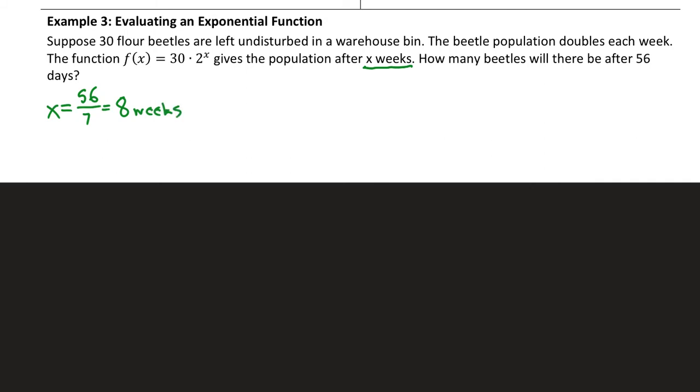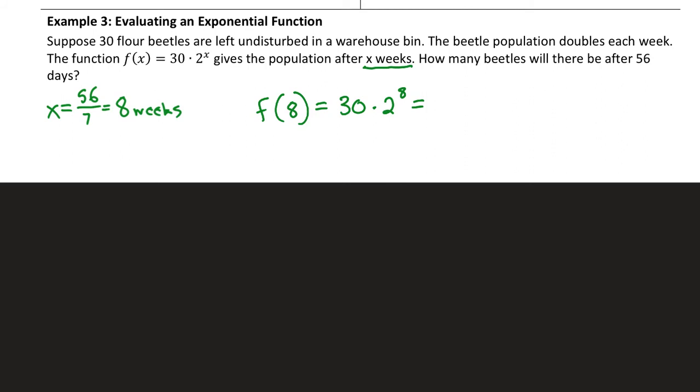So we don't just blindly plug in 56. We are understanding that the input is supposed to be weeks, the right units. And it's extremely important here because that can throw off our math. So to evaluate this, x is 8. So I'm going to do f of 8, input 8, becomes 30 times 2 to the 8th power. And in your calculator, you would do 2 raised to the 8th power.